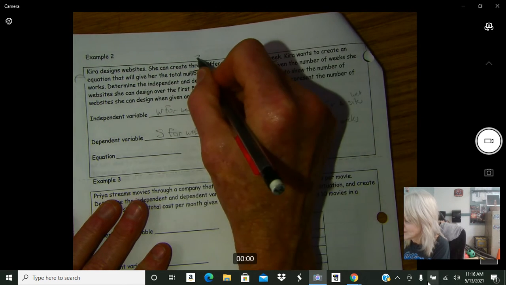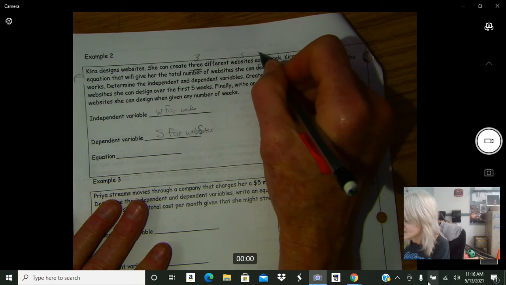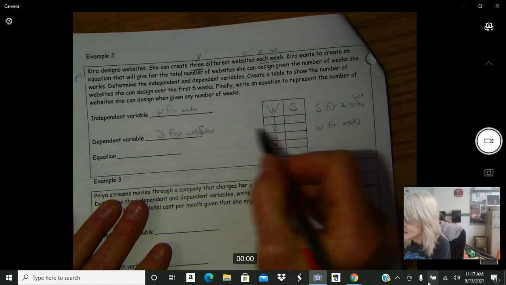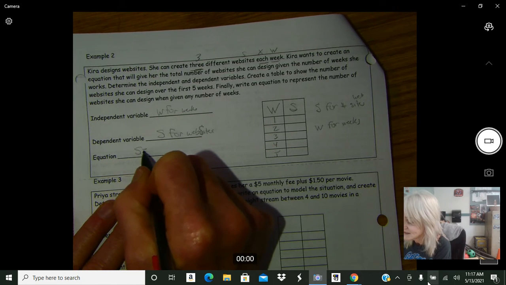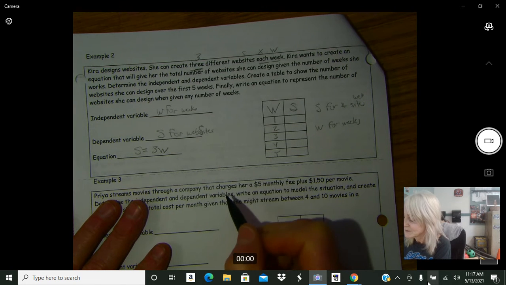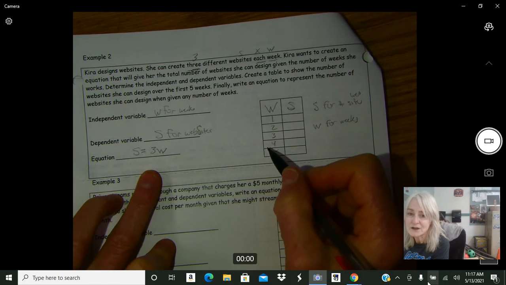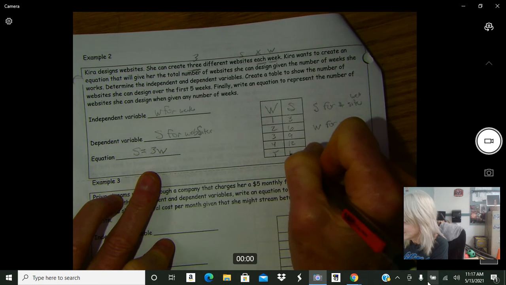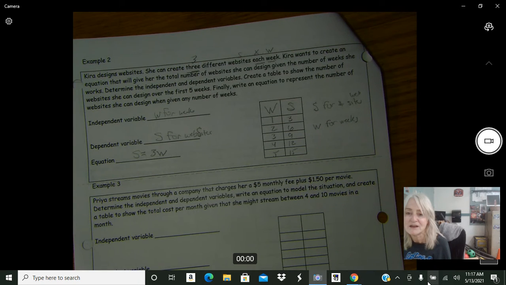So we know 3, and each means to multiply, and we have a variable. So we know our dependent variable S equals 3 times W. In 1 week, she will be able to make 3 sites, in 2 weeks, 6, in 3 weeks, 9, in 4 weeks, 12, and in 5 weeks, she will be able to create 15 websites.